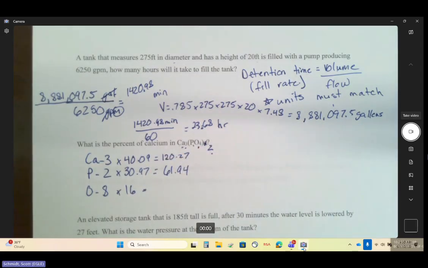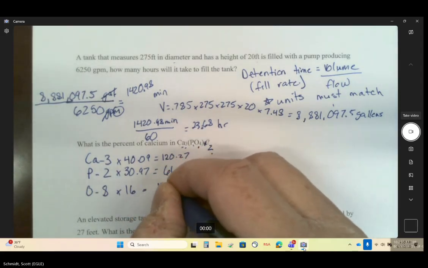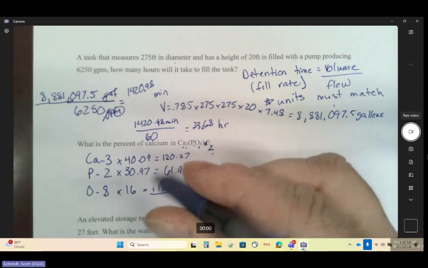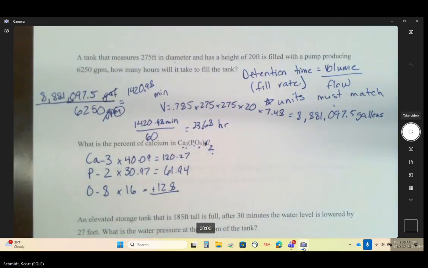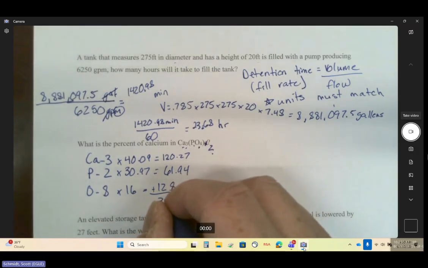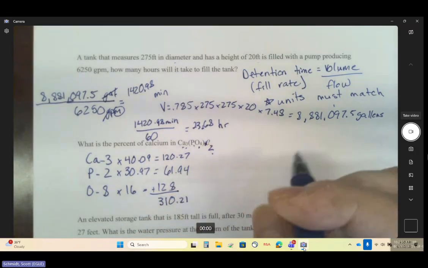I think. Yeah. Now you're going to add all these together. 120.27 plus the 61.94. So this has a weight of 310.21.